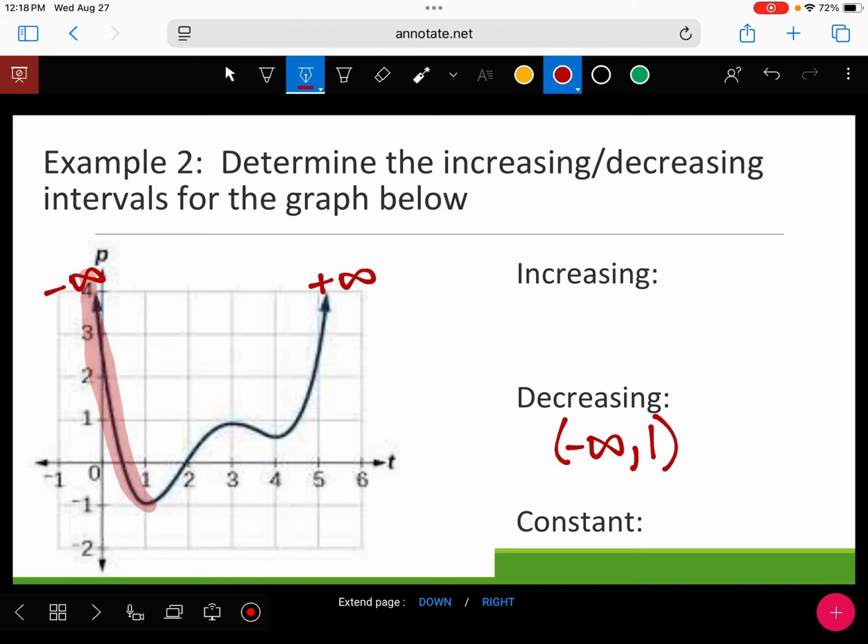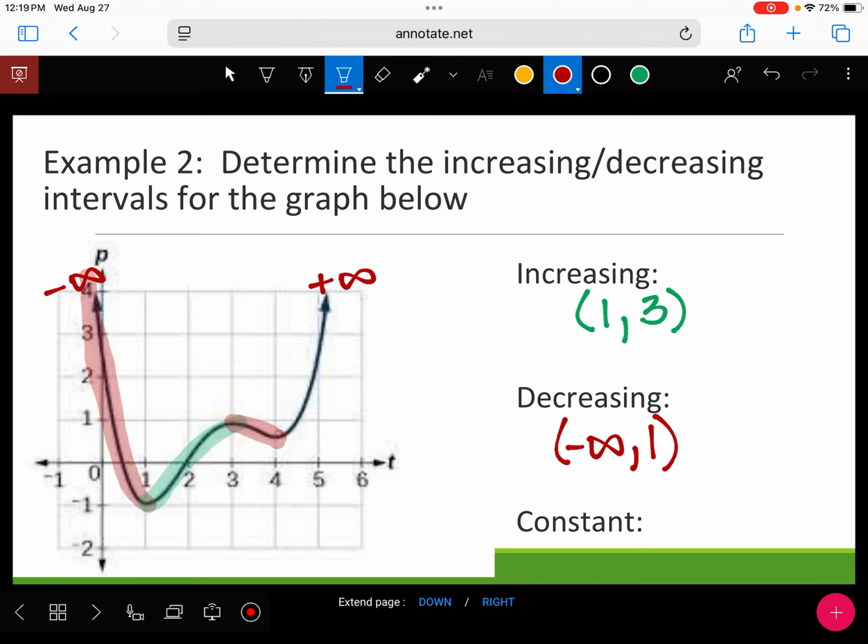And then starting at the 1, it goes up. And it goes up between x is 1 and x is 3. So from 1 to 3, that little piece of the domain is increasing. And then starting at 3, it starts to go down again.